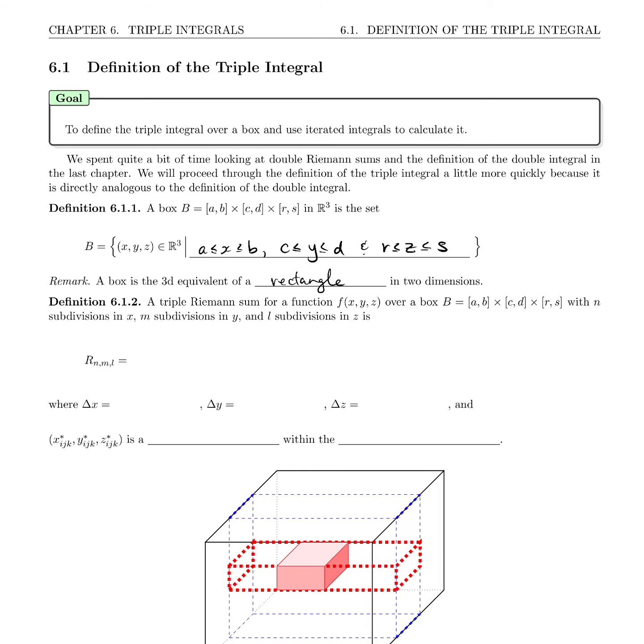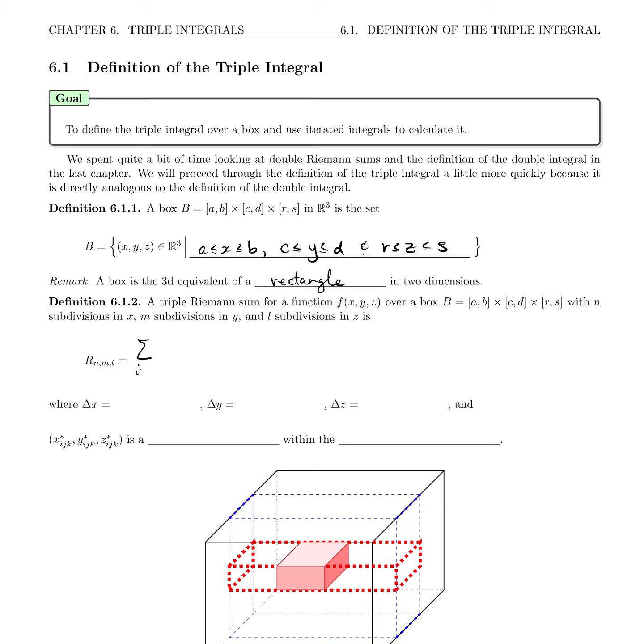So, definition 6.1.2, a triple Riemann sum for a function f(x, y, z) over a box B, which is [a,b] times [c,d] times [r,s], I said that right, with n subdivisions in x, m subdivisions in y, and l subdivisions in z, is the Riemann sum R_nml, a triple sum.